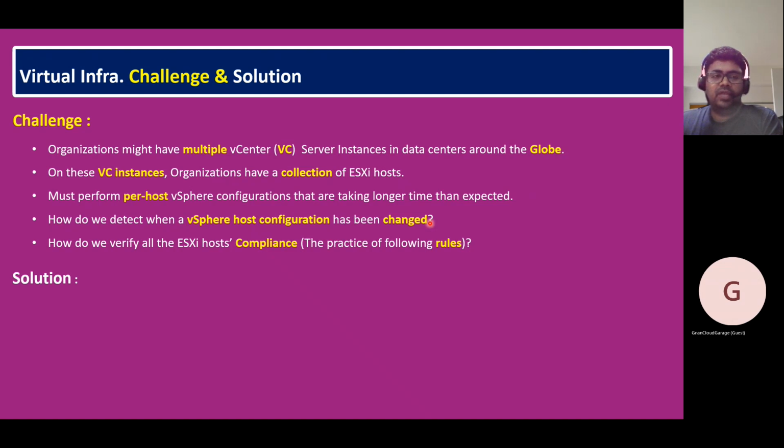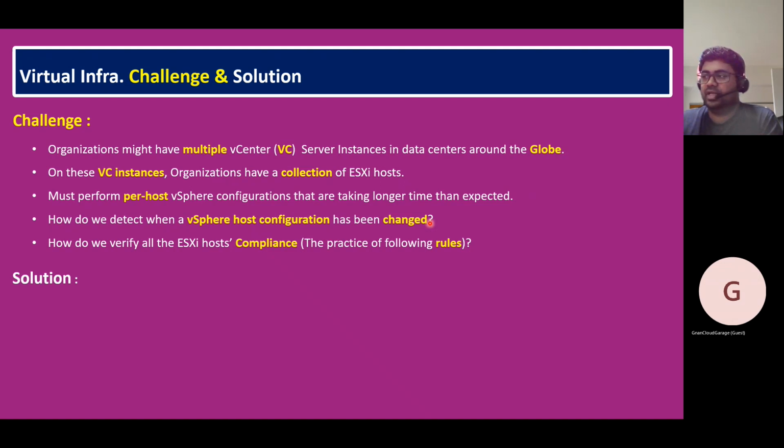During that scenario, every time we cannot log into vCenter and verify the tasks and events to see which ESX host has been modified. Or suppose most of the time the production environment will run 24 by 7. Maybe the other shift engineer did some change on your ESXi host, but you are not aware. But in order to verify all your ESXi host changes, when we have n number of ESXi hosts, that is also considered as one of the challenges.